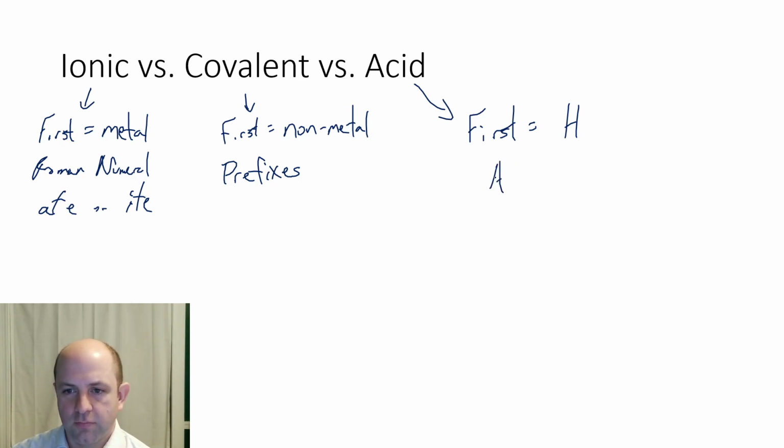Or, even easier, if you see acid as part of the name, hydrochloric acid, formic acid, sulfuric acid, if you see the word acid, it's an acid. So here are just real short cliff notes of what am I looking for to first be able to say, when I see this thing, how do I know which set of rules to follow?